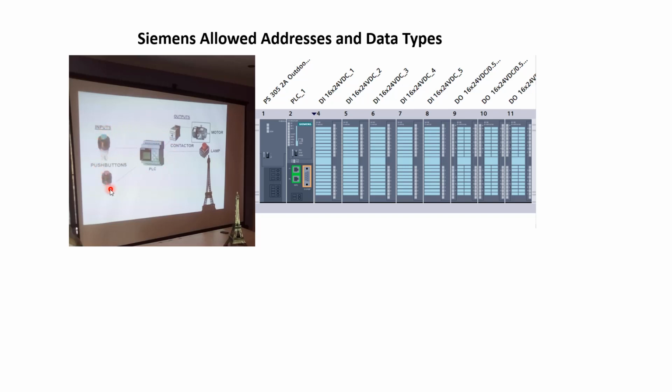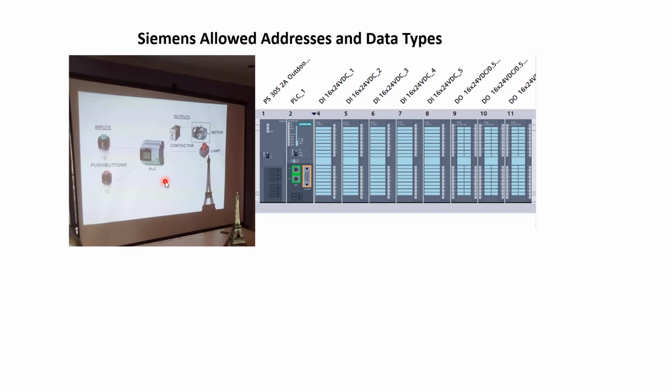Those inputs need to be addressed so that the PLC understands which one is talking at any instance. When the PLC knows which one is on and which one is off, based on the addresses, it will execute the program based on the states of those addresses and update the outputs accordingly.